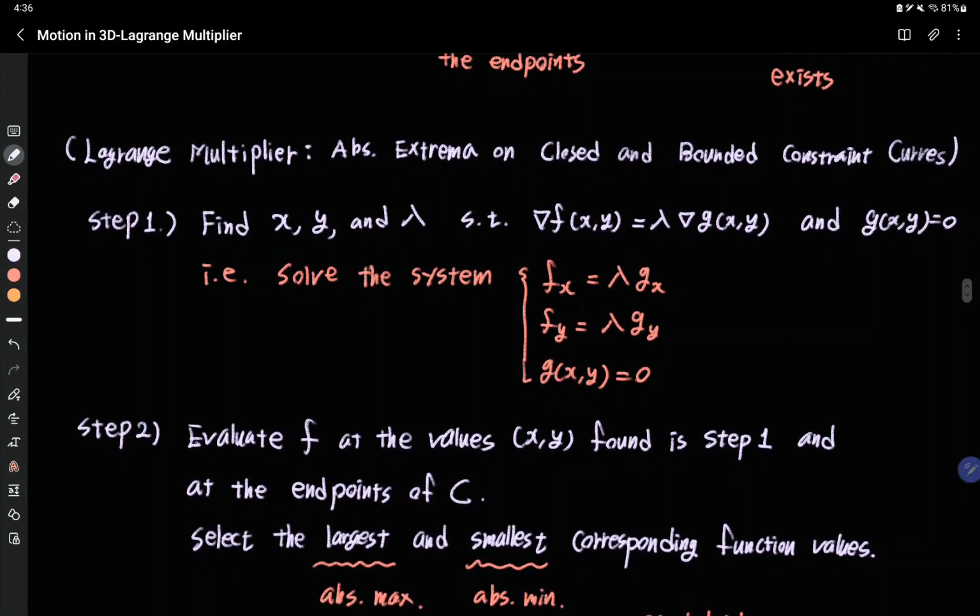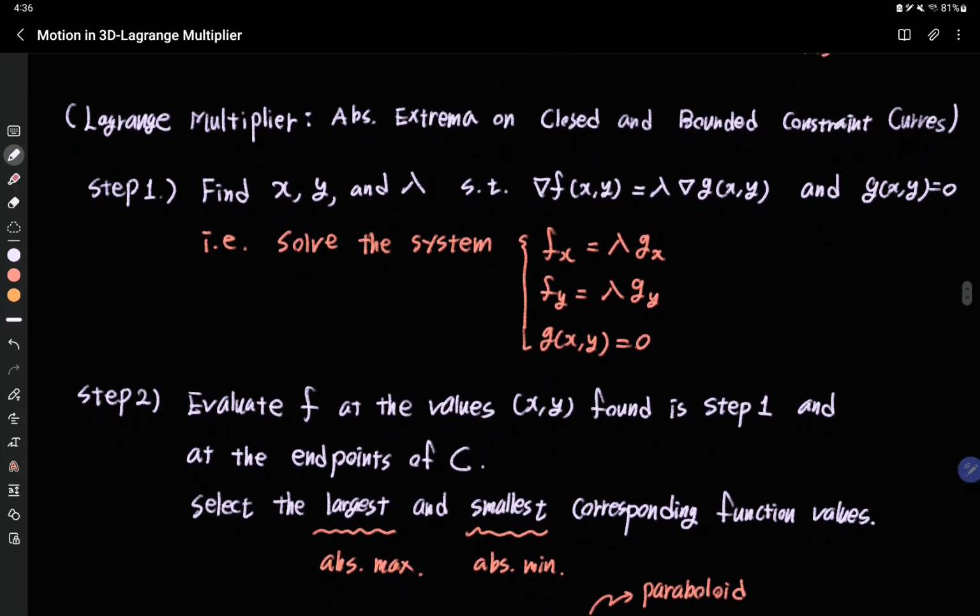Okay, so we see the two steps for finding absolute extrema of function f on a constraint level curve C. These are the steps for solving constraint optimization problems, and we assume that the constraint level curve is closed and bounded. Step one, we find x, y, and lambda such that gradient f equals lambda times gradient g and g(x, y) equals 0.